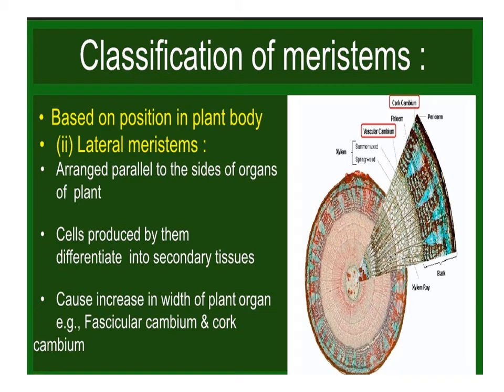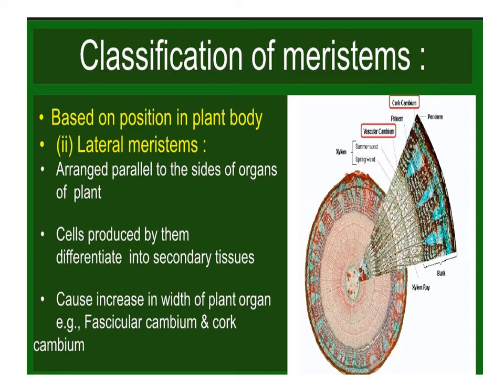Lateral meristems: the meristem that occurs in the mature region of roots and shoots of many plants, particularly those that produce a woody axis, and appears laterally, is called secondary or lateral meristem. They are cylindrical meristems.